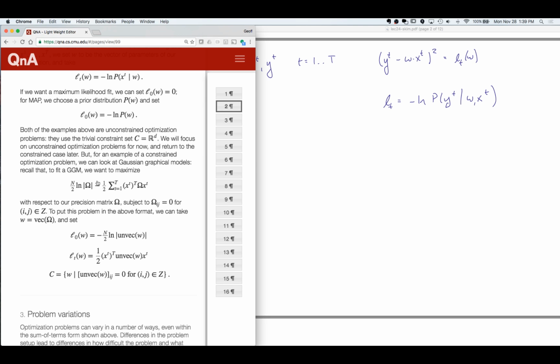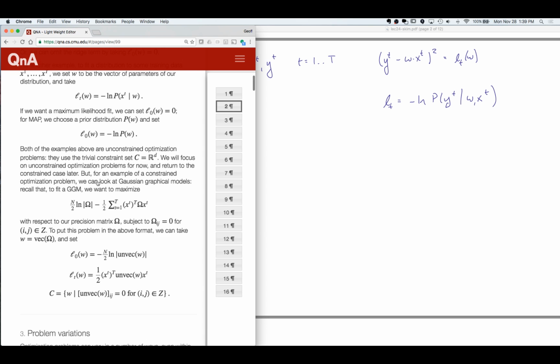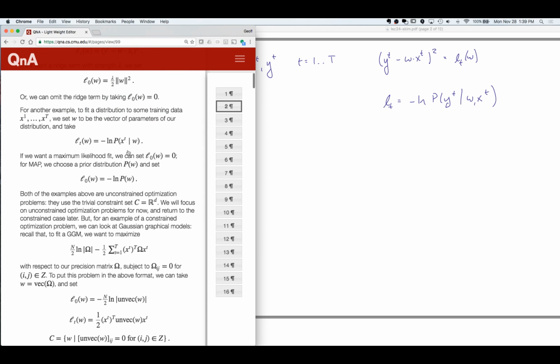I'm getting a question about the difference between this, which is in the notes, log p of xt given w, and this thing, which I just drew. So this here, which is in the notes, is describing a maximum likelihood problem. This here that I drew in the lecture is describing a different problem. It's describing maximum conditional likelihood.